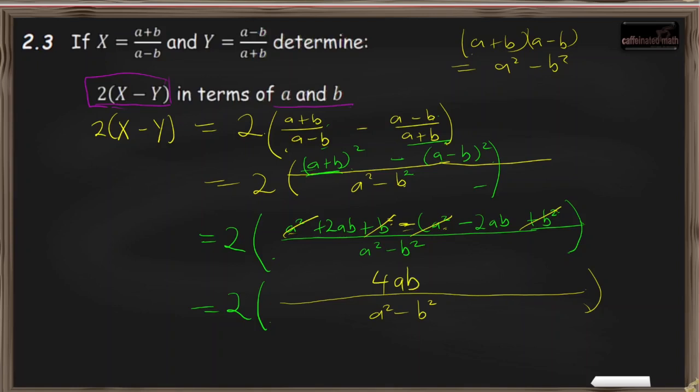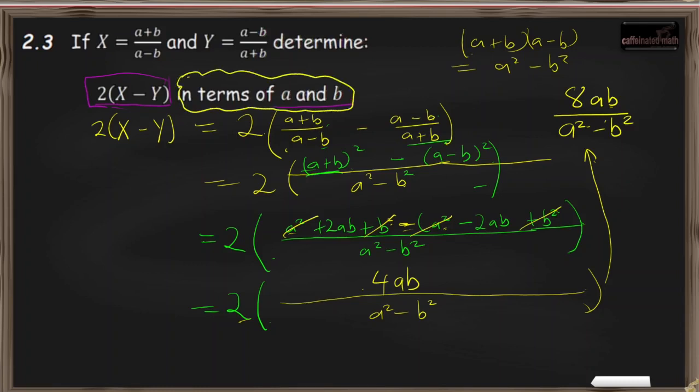Wow, that numerator has a lot of space. Space I could have used in any case. So the simplification of this at the end of the day is just 2 times 4 gives us 8ab, and at the bottom we'll have a squared minus b squared, and that is in terms of a and b.